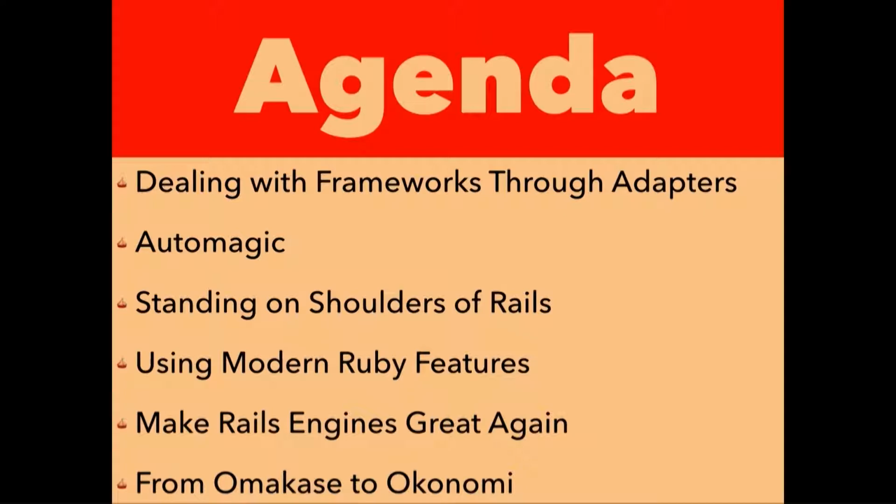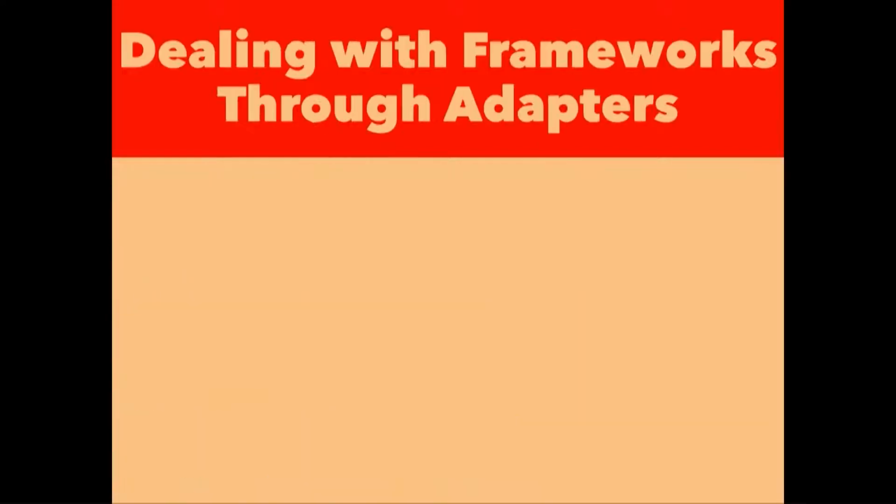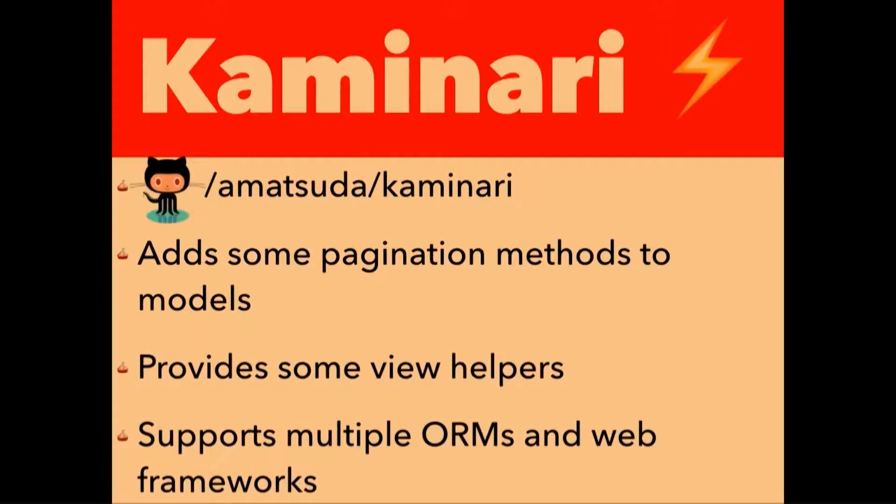Firstly, dealing with frameworks through adapters. This is my first topic. As an example, I'm going to introduce Kaminari's case, because Kaminari is, I guess, one of the most well-known pieces of software that I wrote.